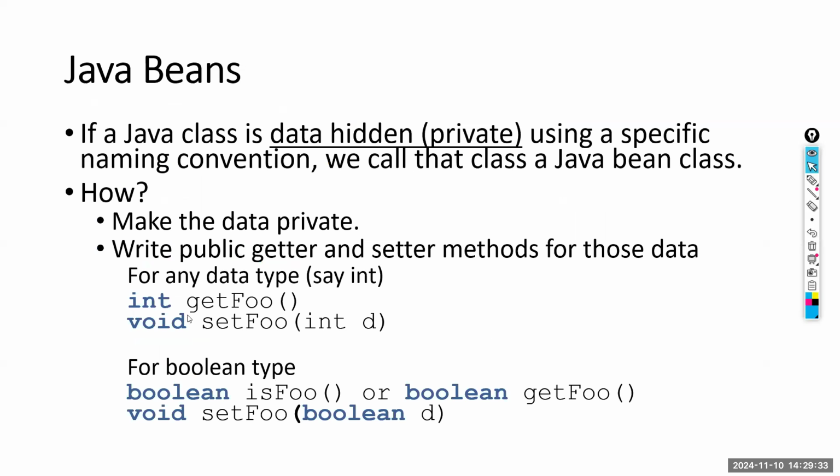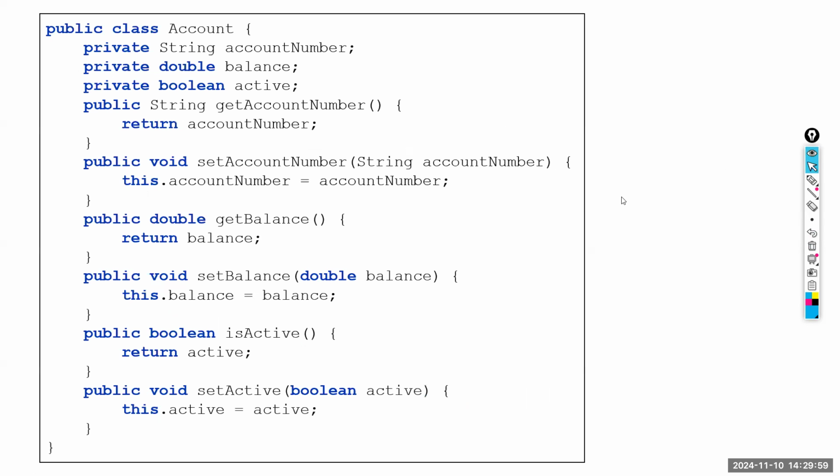If you follow the JavaBean standard, this is how you get the setter and getter methods: getText, setText. But if the return type is boolean, you can say is rather than get, or you can just use get for boolean as well. So this is a complete JavaBean with multiple attributes.